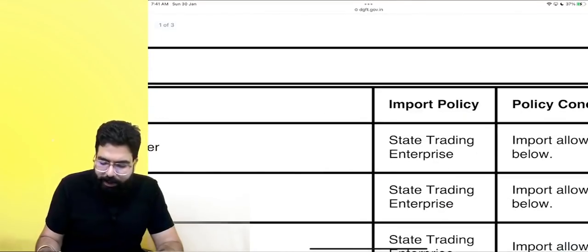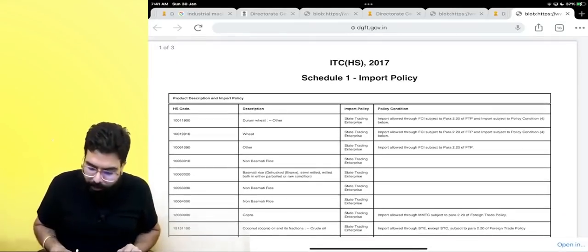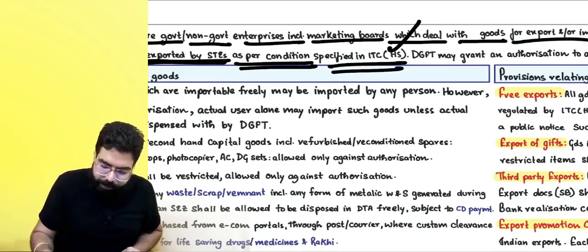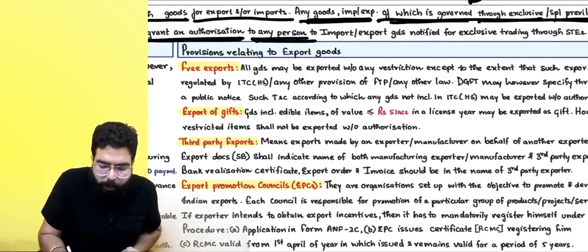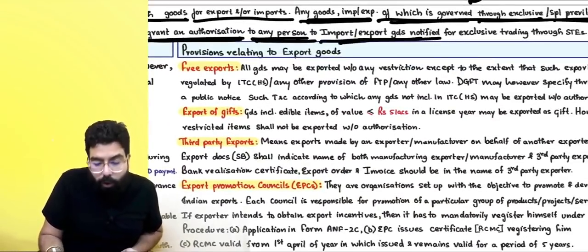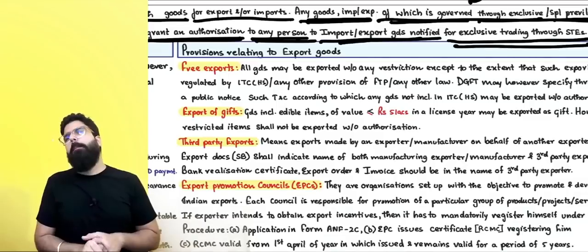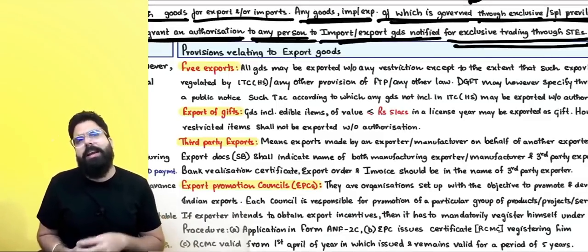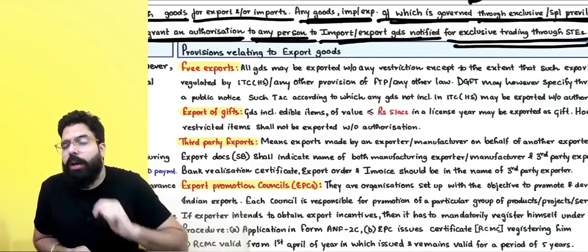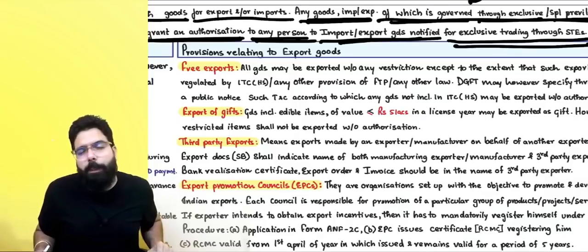Import policy is state trading enterprise, and they will tell you the condition also. Okay, next. Sir, DGFT may grant authorization to any person to import or export notified goods exclusively through a state trading enterprise. If you want to import petrol into the country, you will have to take permission, and then it can be imported, but only through the state trading enterprise. That is why you can't import petrol so easily.